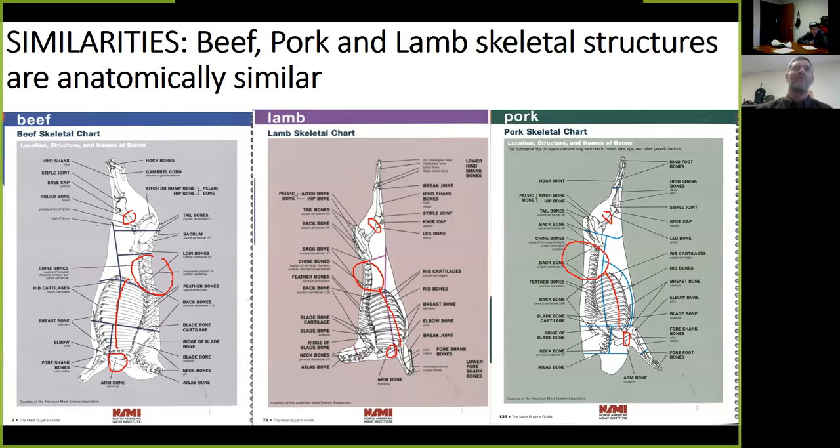If you see a rib and this big dorsal process or spinous process feather bone, then we know that cut is from the rib in beef, or from the rib in lamb, or from the anterior portion of the loin in the pig.